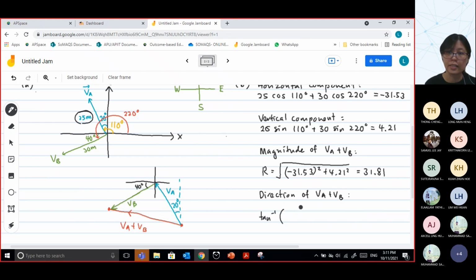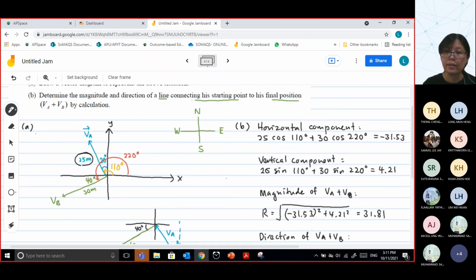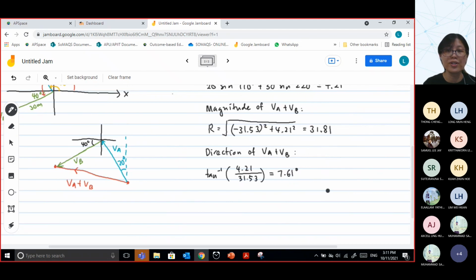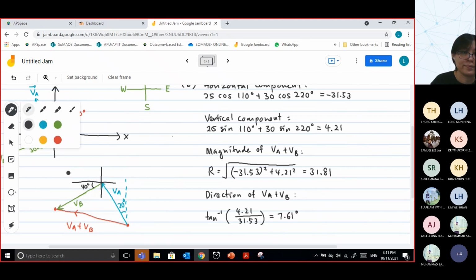Find the basic angle first. Get the basic angle first: 7.61. Next, which quadrant?